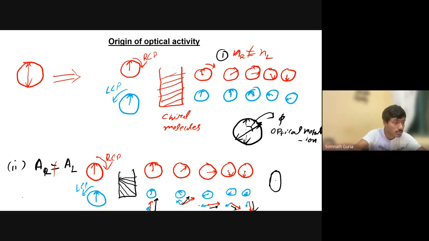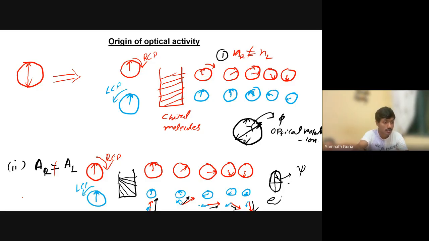Here will be the major axis, this will be the minor axis, and that angle is called psi, the ellipticity.